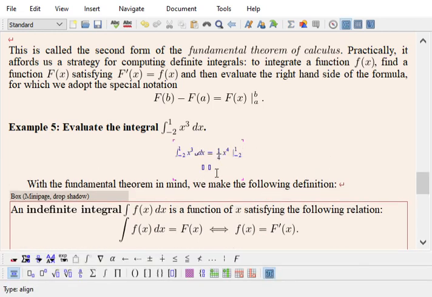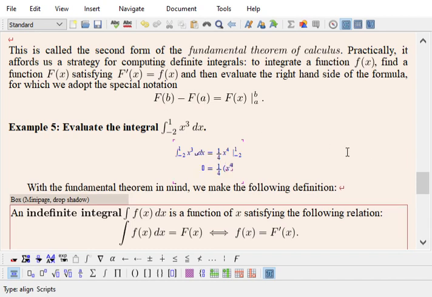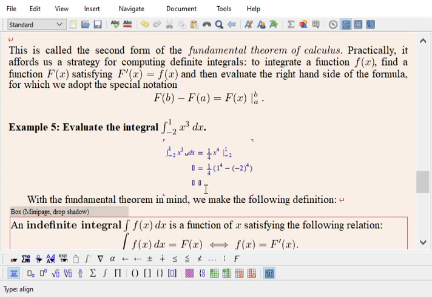So that's 1/4. Because 1/4 appears in both of these terms, I can just factor it out. So we just have 1 to the 4th minus negative 2 to the 4th, with that 1/4 factored out.